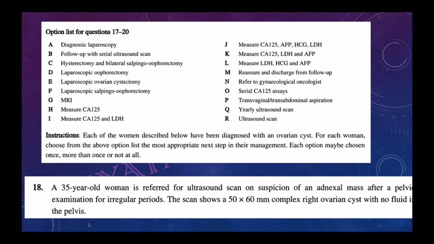Now she has a complex cyst. What you will do next? Ultrasound scan, ma'am. Scan is already done. Annual ultrasound, ma'am. That is for simple cyst. Here it is complex.